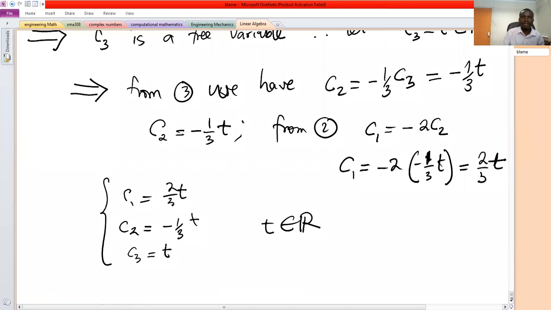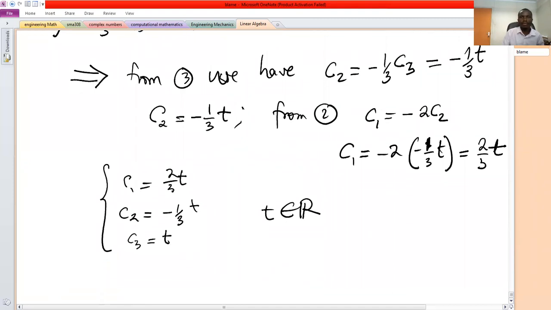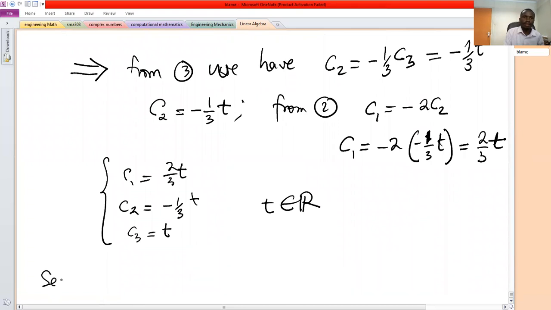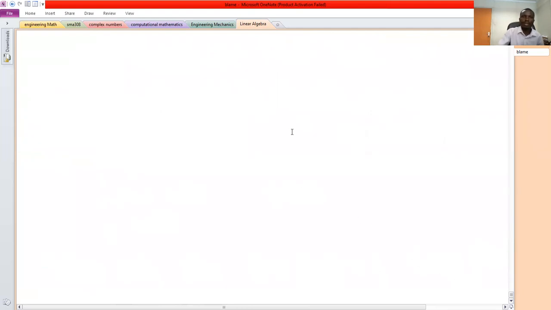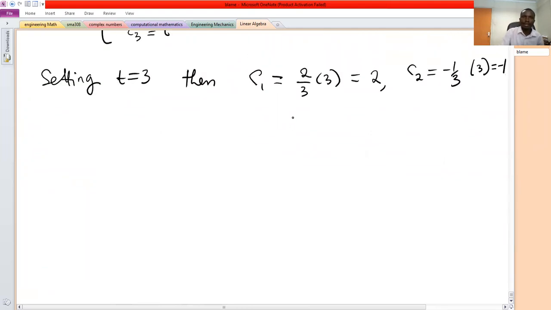Now in this case, we can fix t to be any real number to get a specific solution. So to do away with fractions, I can say setting t to be 3, then C1 will be 2 over 3 times 3, which will be 2. C2 will be negative a third times 3, which is negative 1. And then we have C3 to be 3 itself because the value of t is 3. So C3 equals to 3.